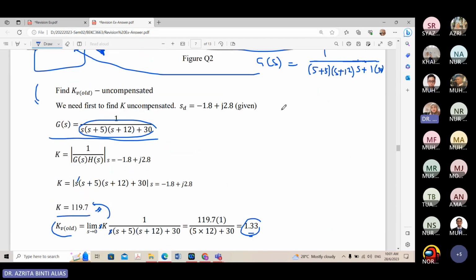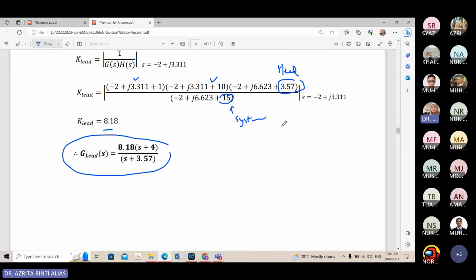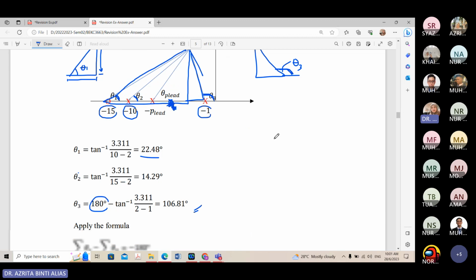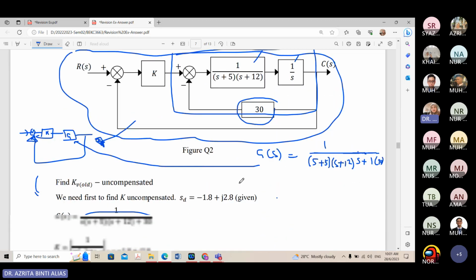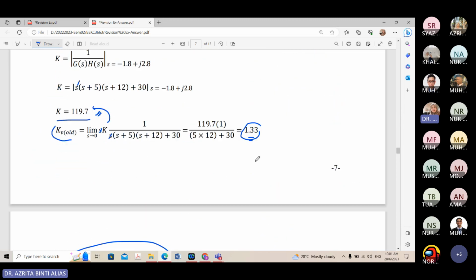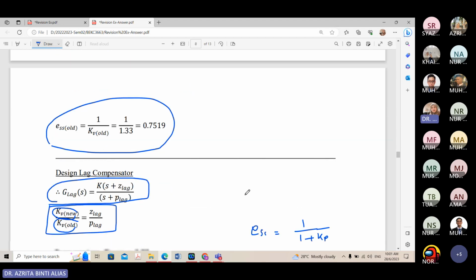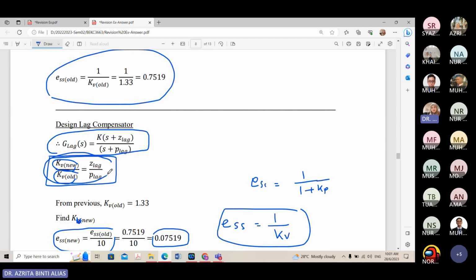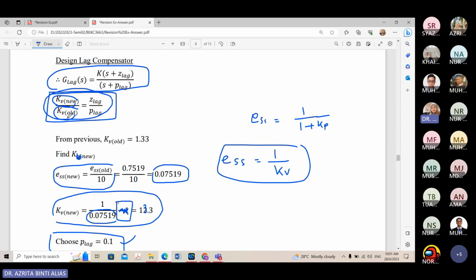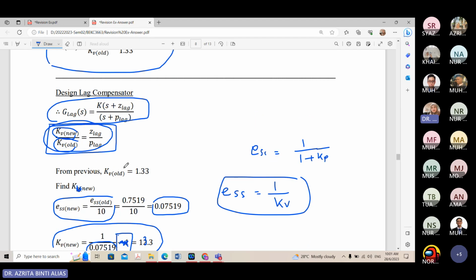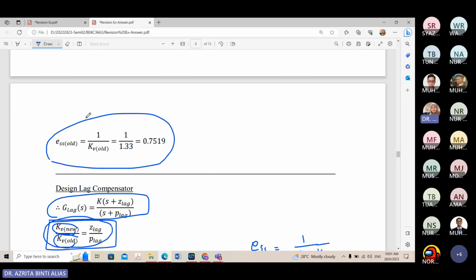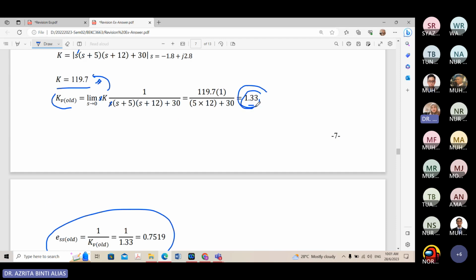I want you to remember, don't memorize the steps, because the steps are actually different depending on the question. But you need to organize your answer based on the question. First we need to find the KV old. From this question, since we already calculated the KV old, you just use this formula.